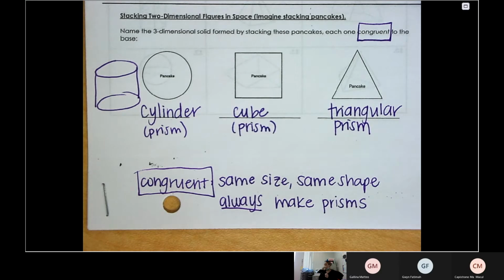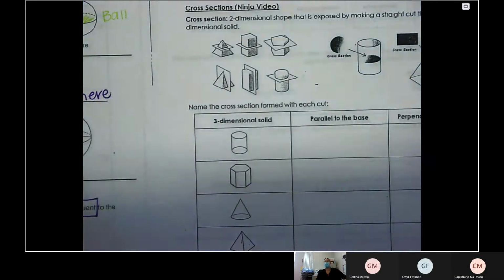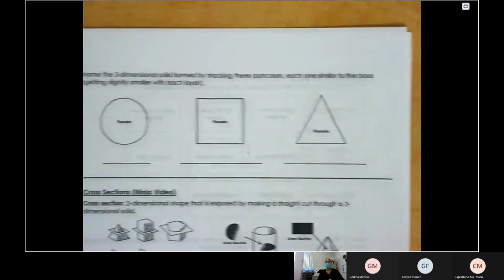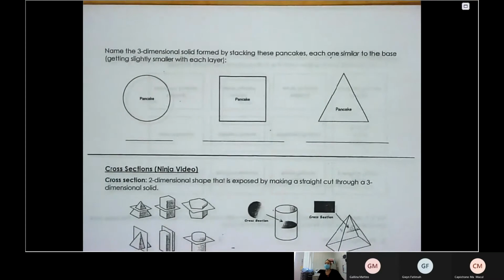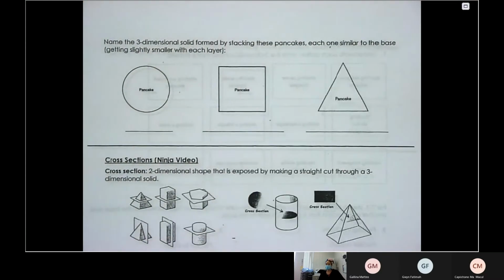Feeling pretty good. All right, now in the next section, we are going to continue stacking pancakes. So keep that same idea in your brain. But this time, instead of stacking congruent pancakes, we're going to stack similar pancakes. What does similar mean?